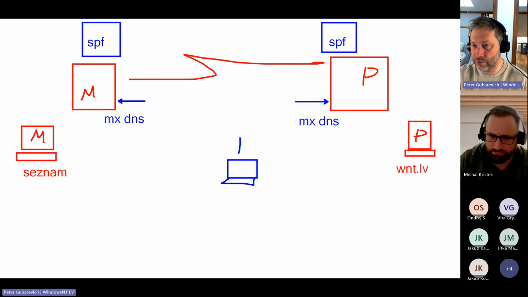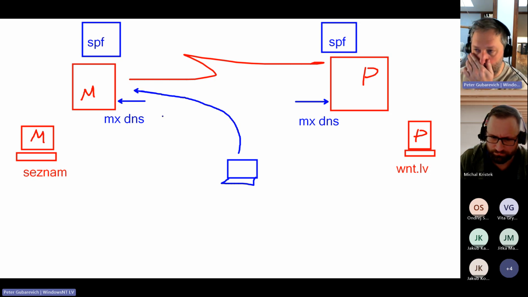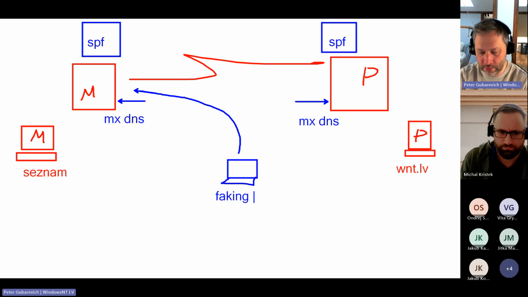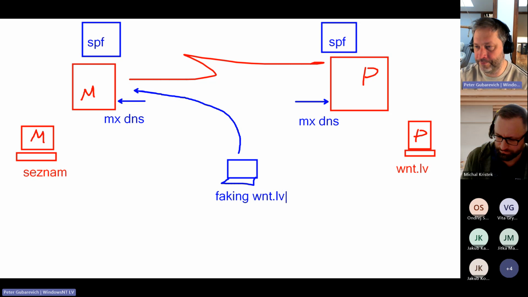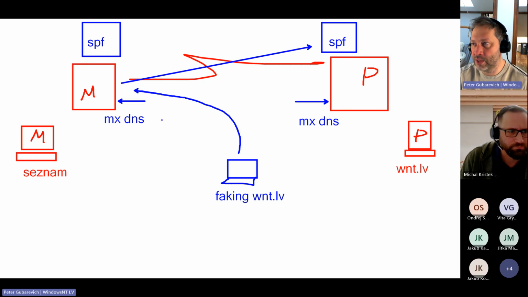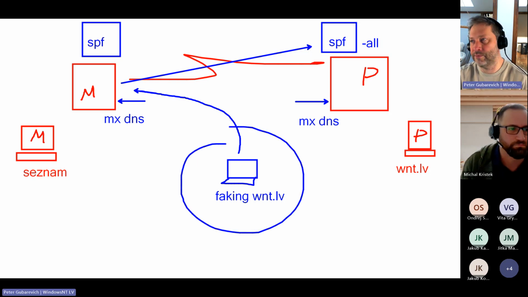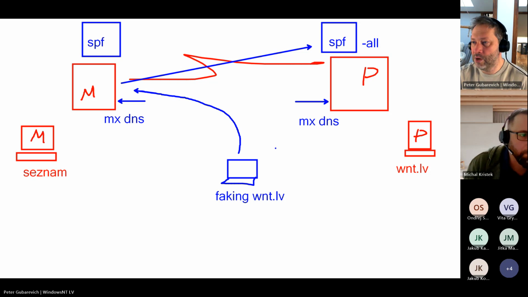If you connect to Miroslav's mail server, to Seznam, faking Windows and TLV, the mail exchanger will go to DNS and check the SPF record of the Windows and TLV domain. And as you might remember, there was -all. So my IP address will be illegitimate for this.